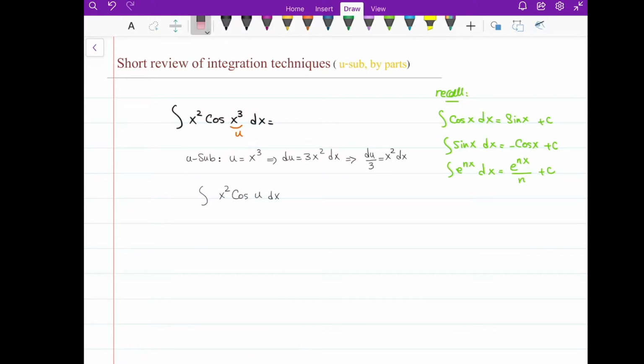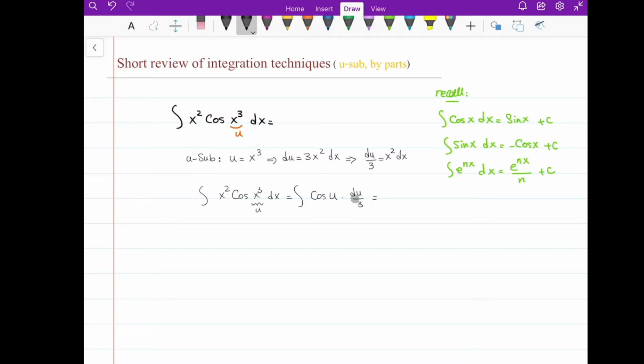And so now this integral would be the integral of cosine of u, and then x squared dx would be du over 3. Very good.